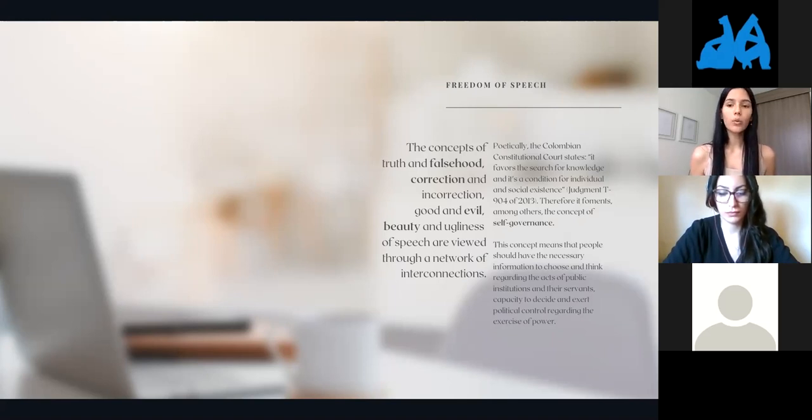Values that are part of the analysis of a reality.